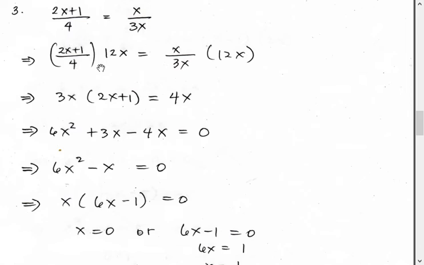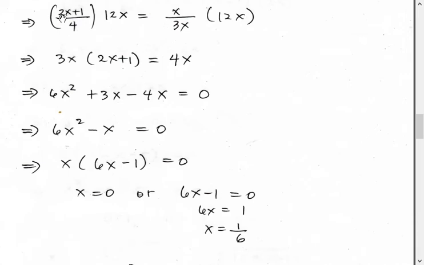So we multiply both sides of the equation by 12x, giving us 12x divided by 4, that's 3x times the quantity 2x plus 1, equals 12x divided by 3x, it's 4 times x. Expanding 3x times the quantity 2x plus 1, we have 6x squared plus 3x, and transposing 4x to this side will become negative 4x equated to 0.